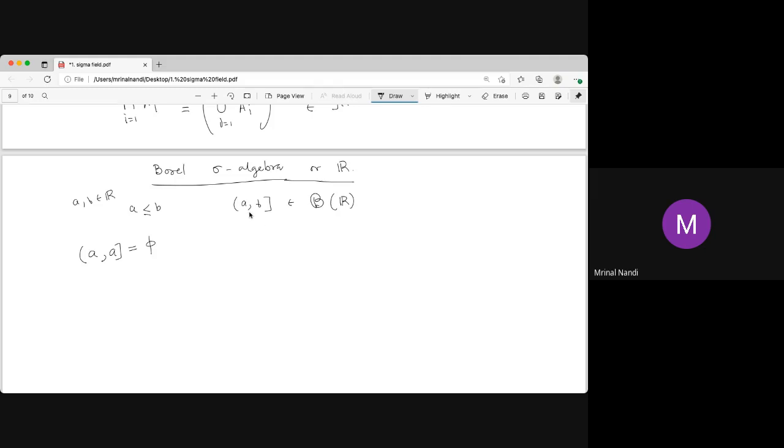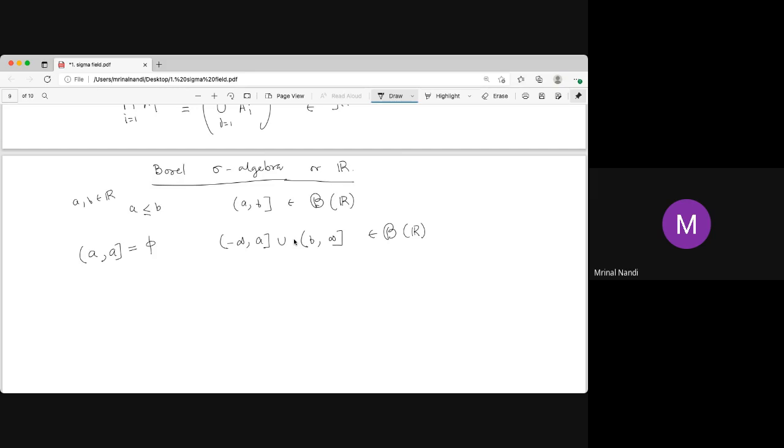The collection contains all these half open, and one-side half open, closed intervals, and all their complements. What is the complement of this set? It is minus infinity to a union b to infinity. These are also in it, and all sorts of infinite unions. You take unions, then complements, then again unions, then again complements, you can go on like that. So now your collection will be larger and larger, a huge collection.